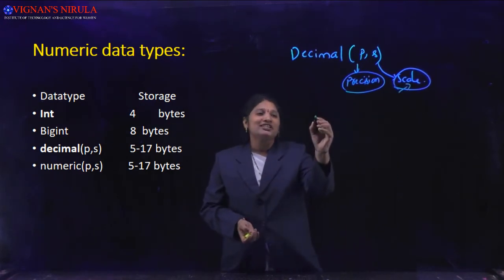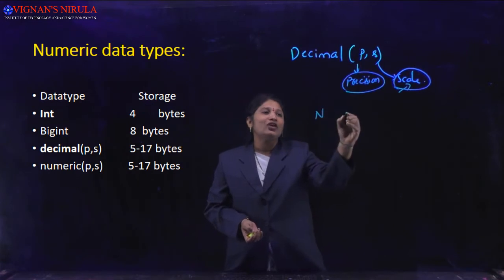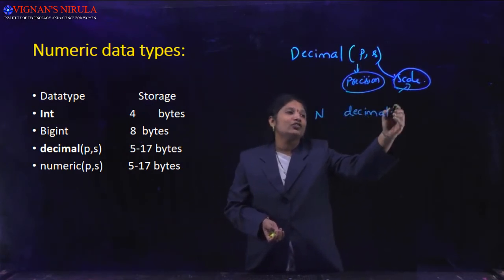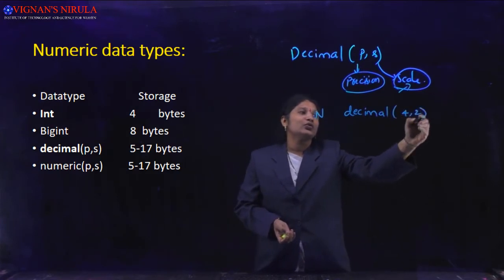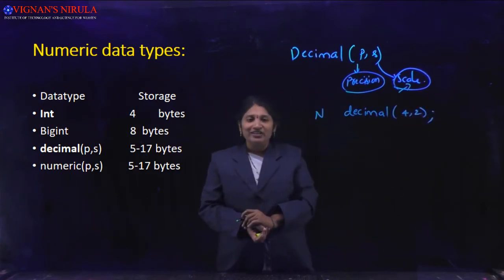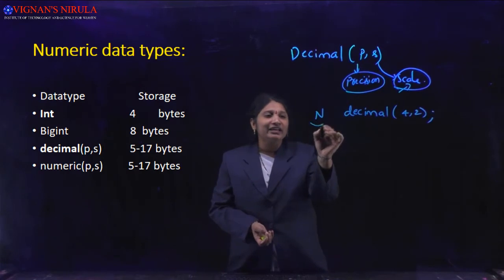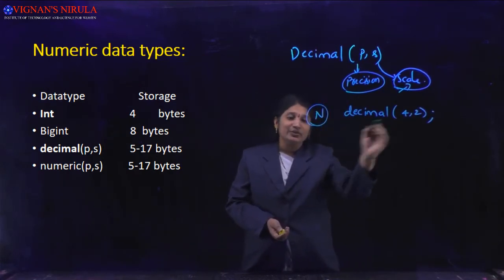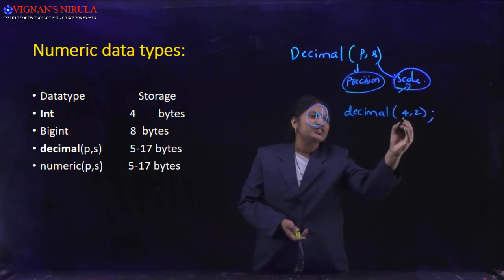For example, if you have given n of decimal of 4 comma 2, what is the meaning of this? Here we have defined a variable n, by using the decimal data type, with a precision of 4 and a scale of 2.